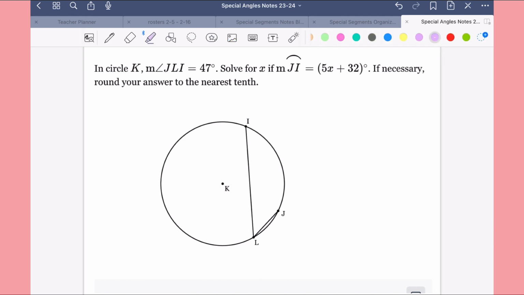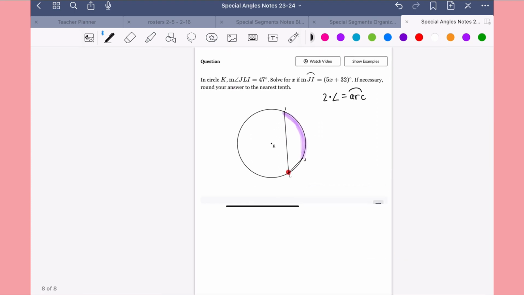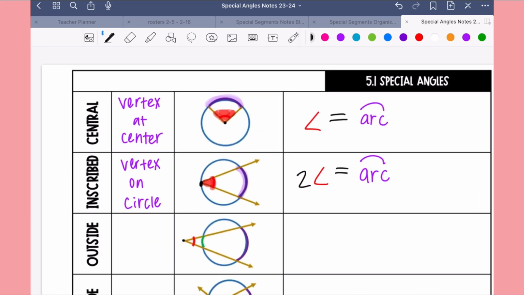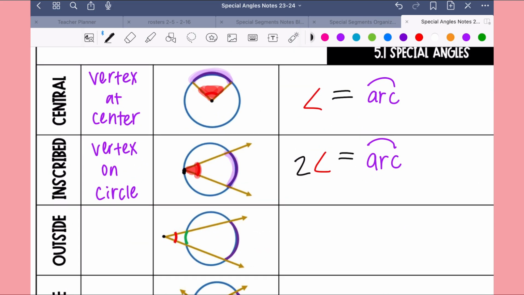Well, I know because the vertex for my angle is where? On the circle, not at the center. So then that creates this arc over here, the intercepted arc inside it. And I know that 2 times my angle equals the measure of my arc. Okay, and if you don't know the formulas, just go back to your notes where you had it and then just copy it over, okay?